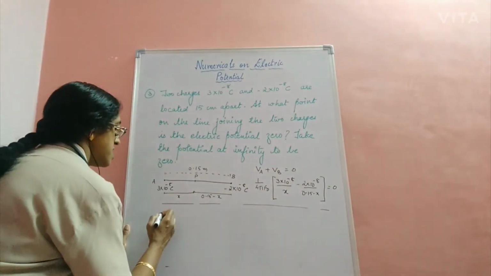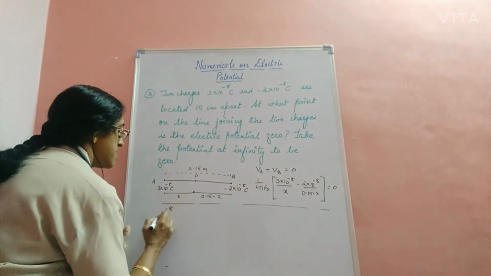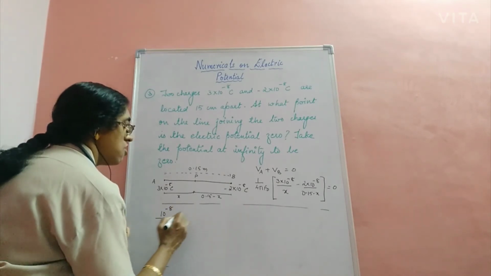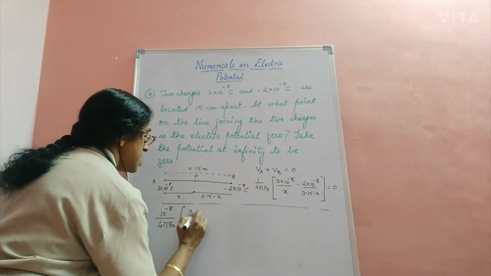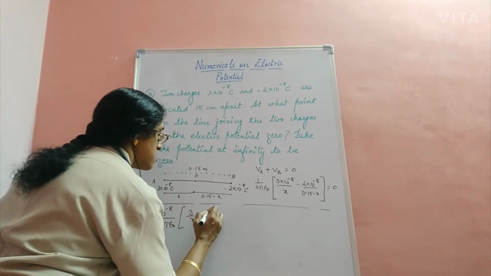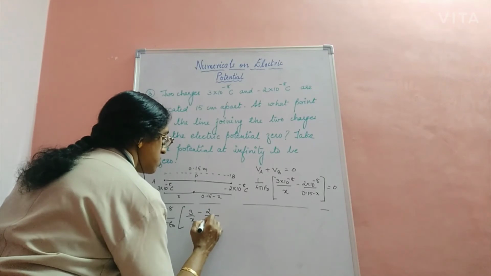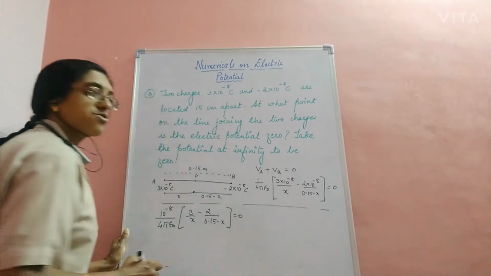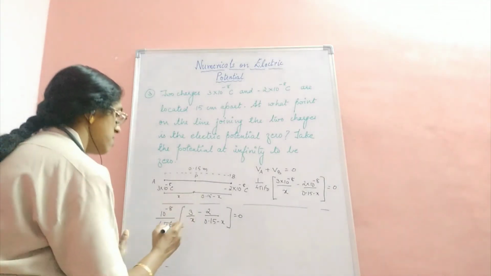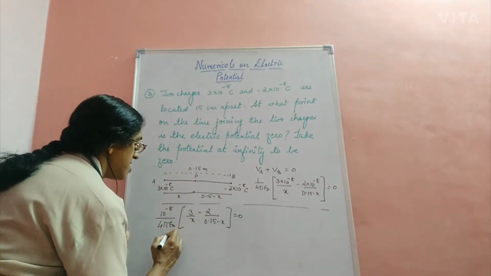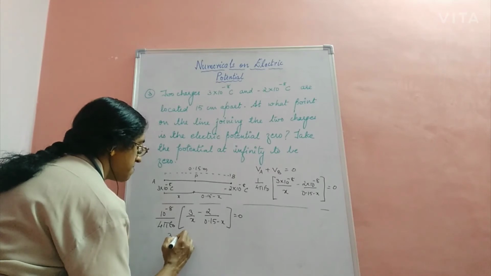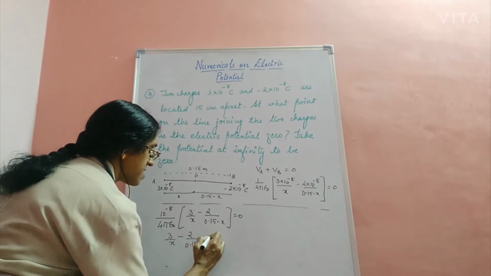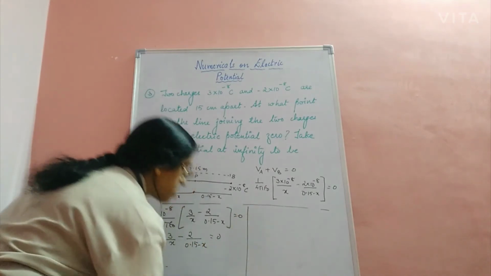So I can take 10 to the power of minus 8 upon 4 pi epsilon naught, times 3 by x minus 2 upon 0.15 minus x, should be equal to 0. Solving it, I'll take it to the other side, that is 3 by x minus 2 upon 0.15 minus x should be equal to 0.